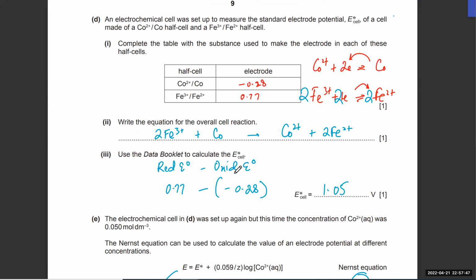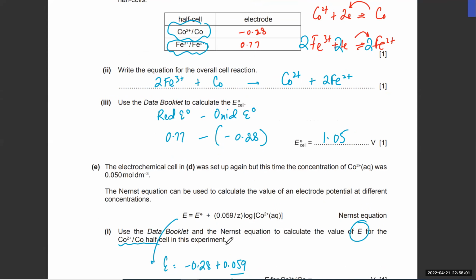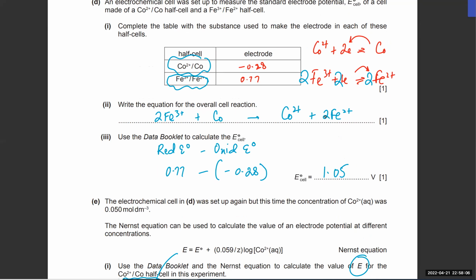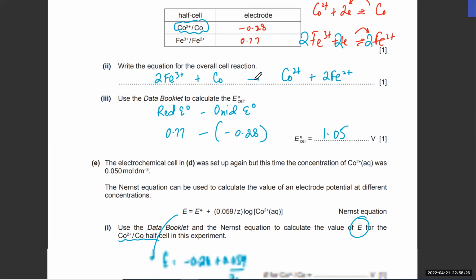You'll find the non-standard potential of this electrode, then maybe of the other one, and then when you do the difference, you can find the cell potential of the whole cell.